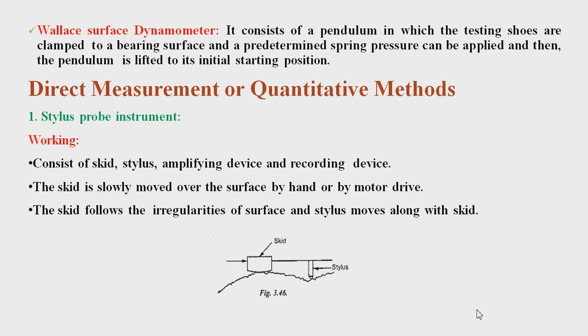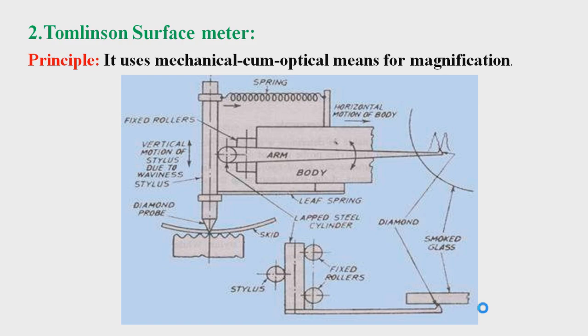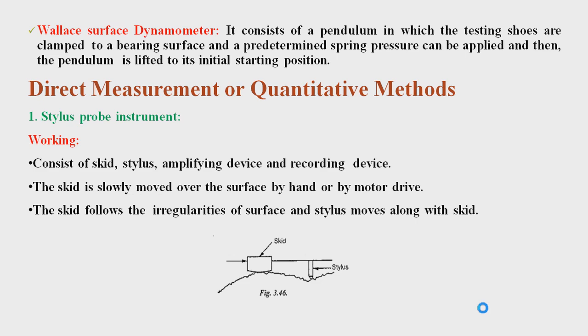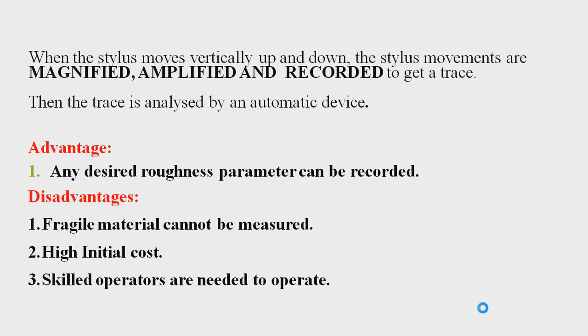The skid is slowly moved over the surface by hand or by some motor drive. The skid follows the irregularities of the surface, and therefore the stylus, moving along with the skid, moves in the up and down direction. When the stylus moves vertically up and down, the stylus movements are magnified, amplified and recorded to get a trace using mechanical or optical methods.